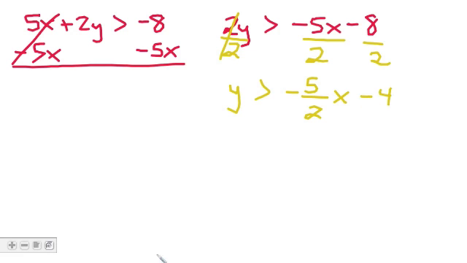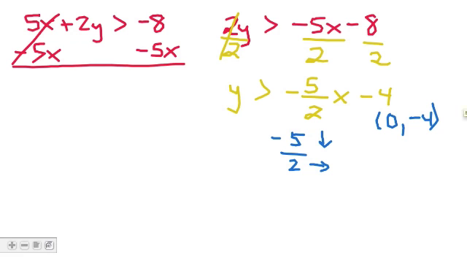Well, what information do I have here? I have the y-intercept, which is (0, negative 4), and I have the slope, which is negative 5 over 2, which means down 5, to the right 2. And once I can draw that line, then I can go ahead and shade.